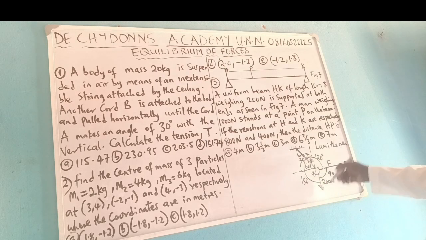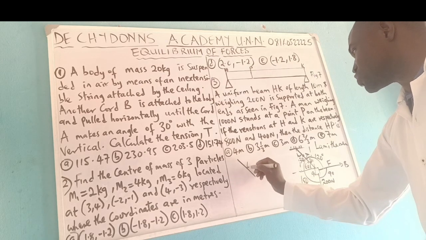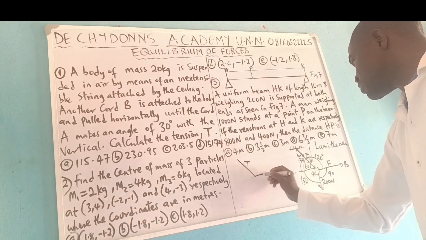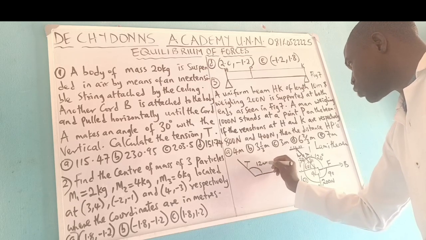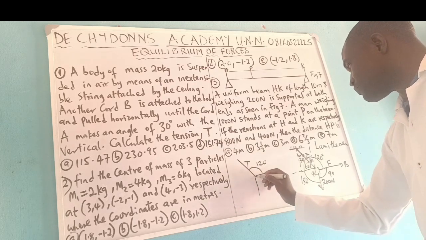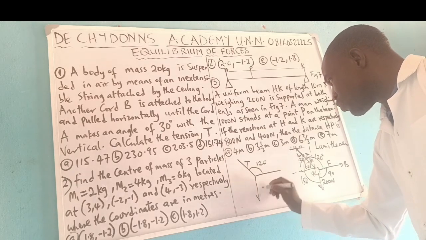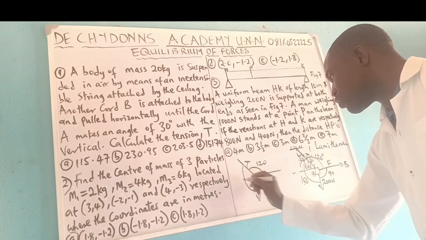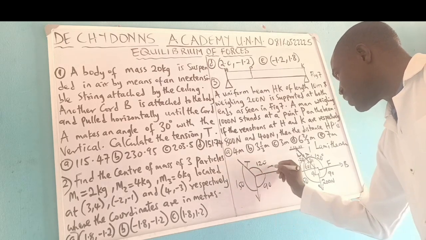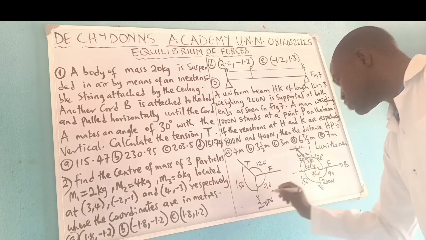Now watch this diagram well as I put it here. This is your tension. Then this is your horizontal. This is your 120. And this is your vertical, acting downward. So we have here to be 90, and here to be 150, and here the force. We have here 200 Newton.